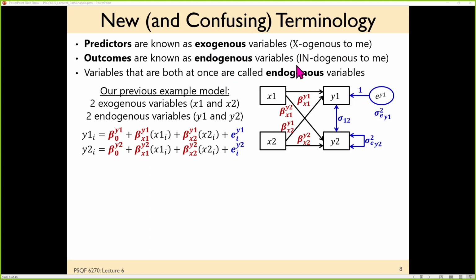And endogenous means there's an arrow going into it because it's an outcome. So exogenous variables are predictors, endogenous variables are outcomes. So in this example model here, I have 2 exogenous variables, x1 and x2, and 2 endogenous variables, y1 and y2.